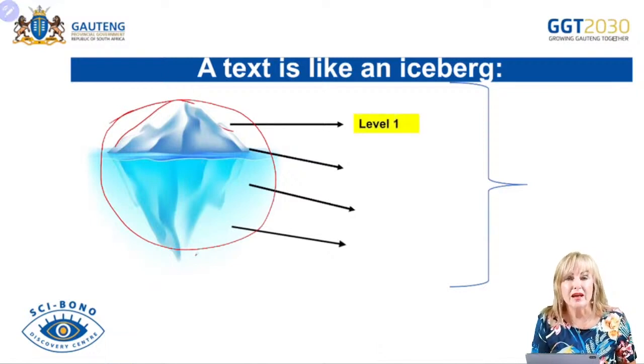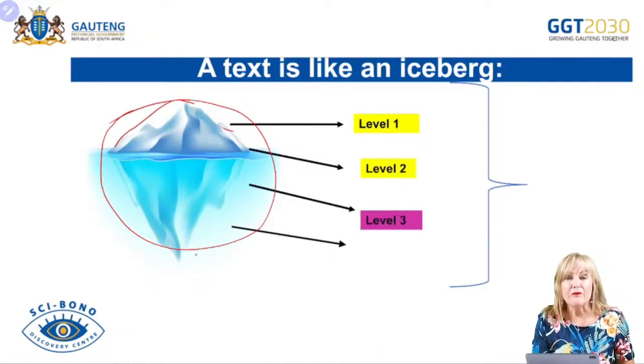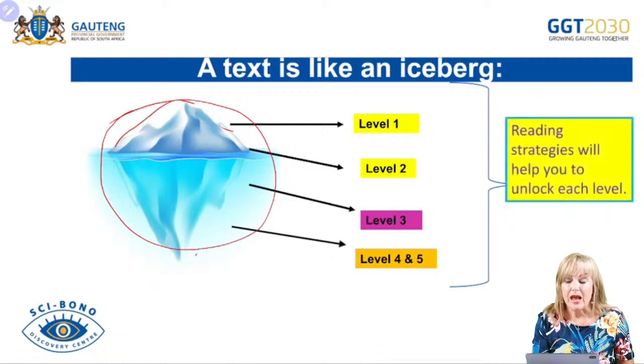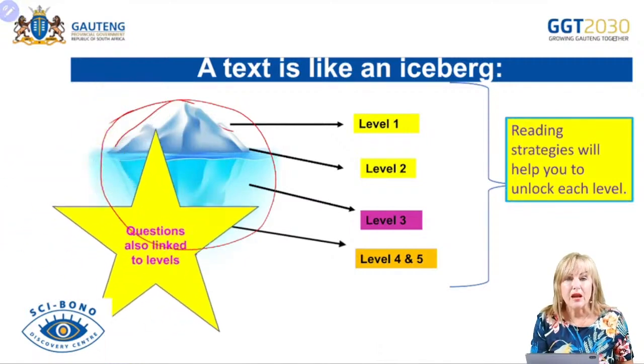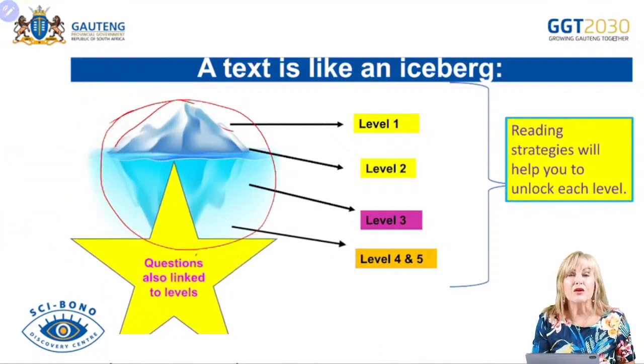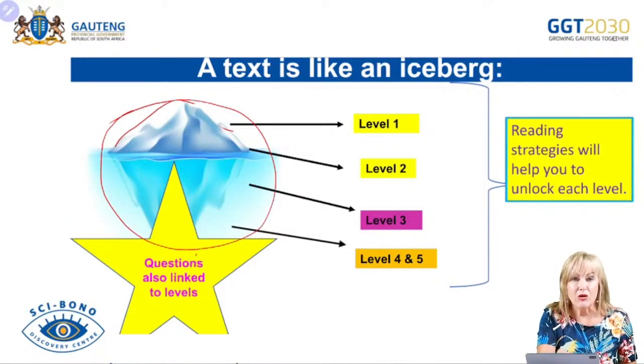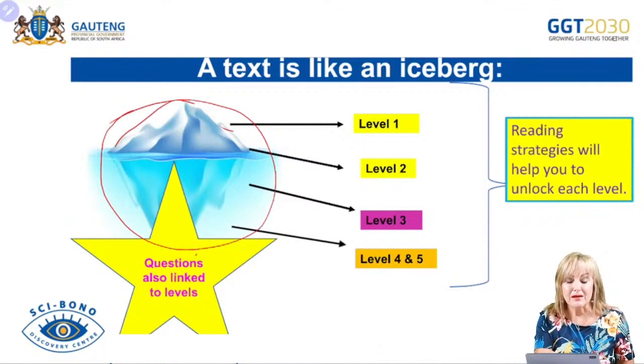Now, why do I say that a text is like an iceberg? Because there are different levels in any text. And the reading strategies will help you to unlock each of these levels. And you must realize that the questions are also linked to these levels. So your level 1 and 2 questions are the easy questions that are on top that you can easily see and decipher.